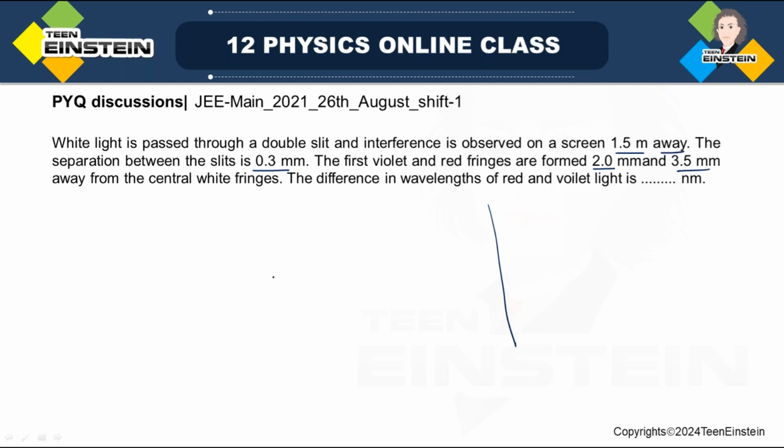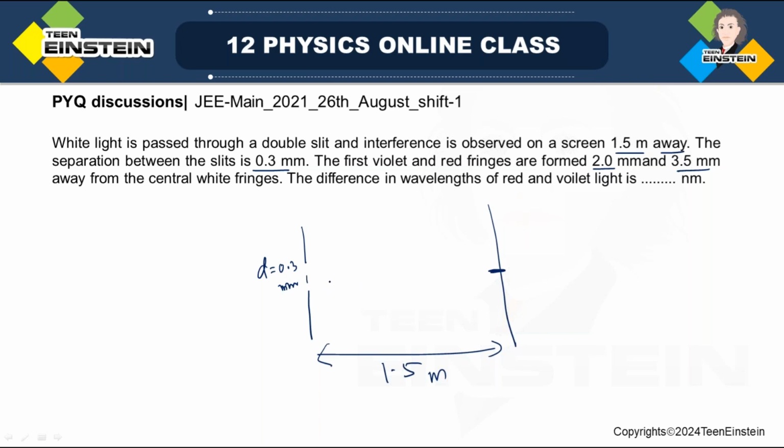So if you have a double slit arrangement, the screen distance is given, that is 1.5 meter, and suppose this is the central fringe position. This is, suppose, small d, which has 0.3 millimeter dimension.